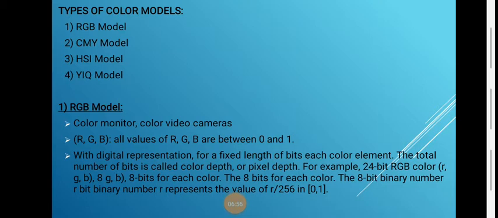In real time it is called a 24-bit RGB image. Each color of that pixel is represented in 8 bits. The number of bits used to represent the image is called color depth or pixel depth.